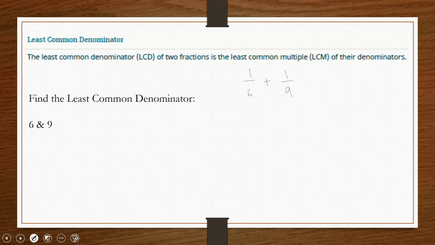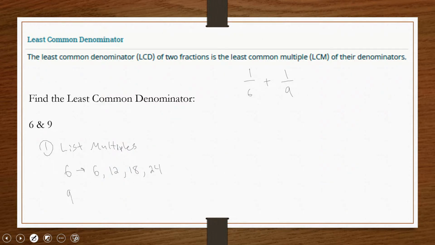So looking at the denominator values 6 and 9, I need to find the least common multiple between 6 and 9. There's actually a couple ways to do this. The first way is where we just list the multiples of each term, and whichever value is in common to both lists is going to be our LCD or LCM. So for 6, I could list the multiples: 6 times 1, 6 times 2, 6 times 3, 6 times 4, and so on.